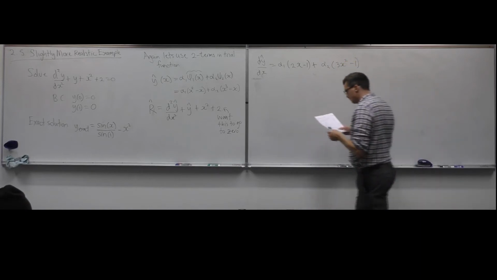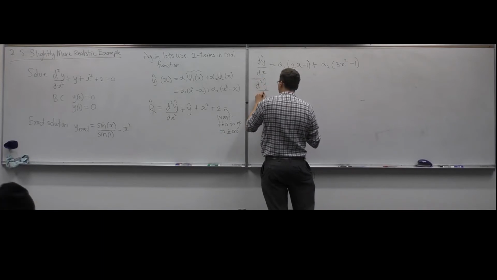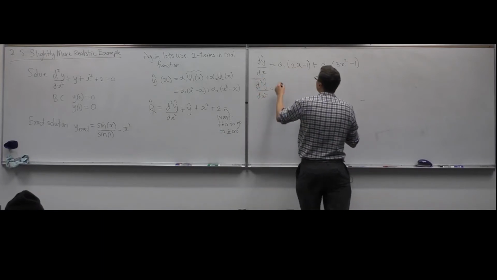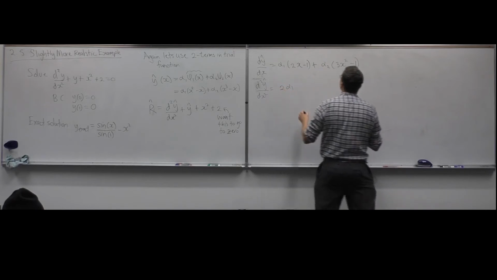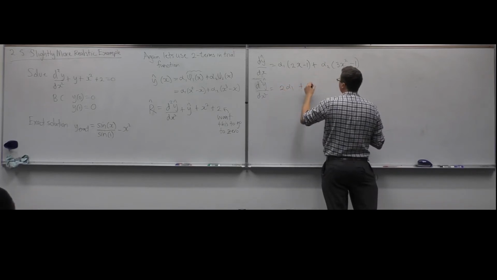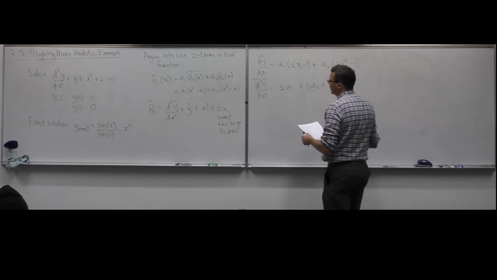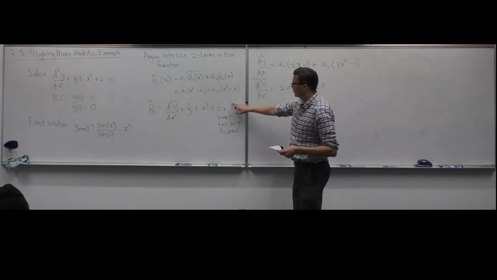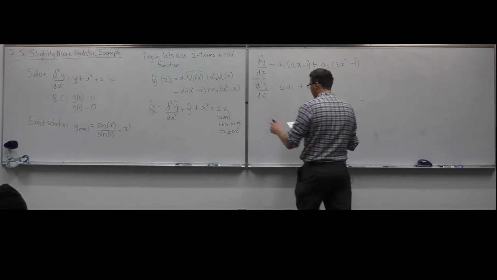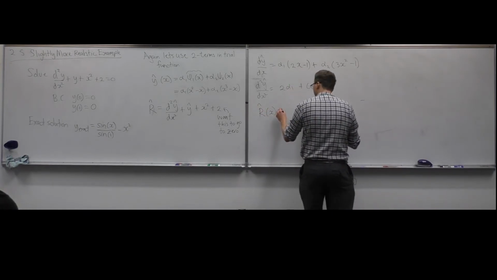And then the second derivative is going to be 2 alpha 1 plus 6 alpha 2 x. Okay, so now we can substitute into our residual equation, and we'll get out a function.